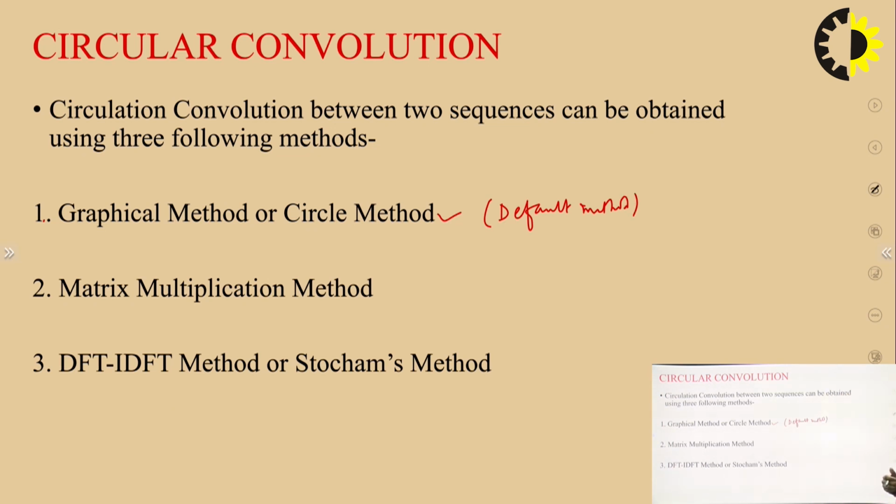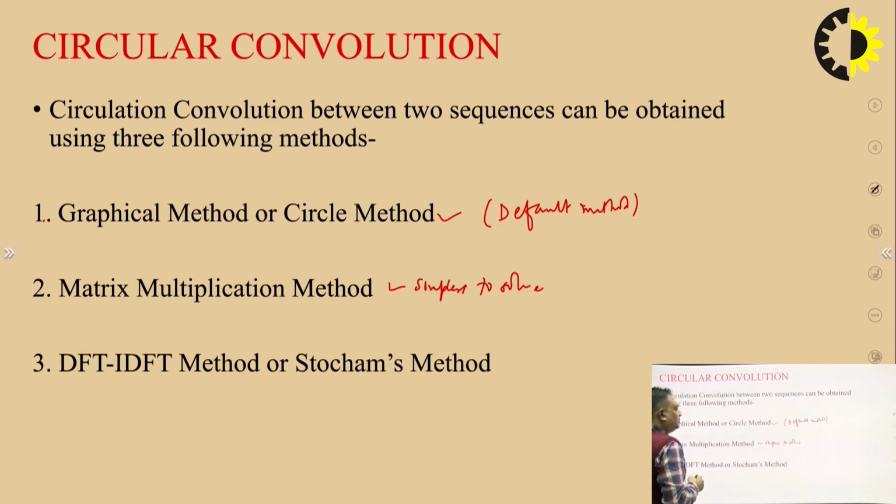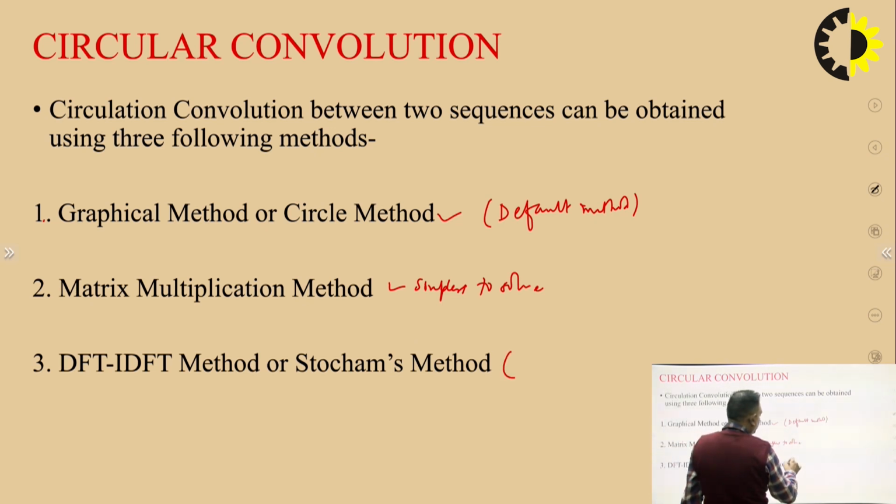Then there is the matrix multiplication method, and the DFT-IDFT method, also called the Stockham method. The graphical method is the default method, the matrix multiplication method is the simplest to solve, and the DFT-IDFT method is the hardest to solve.